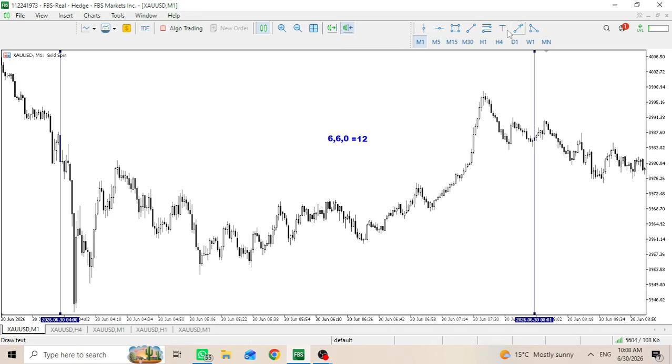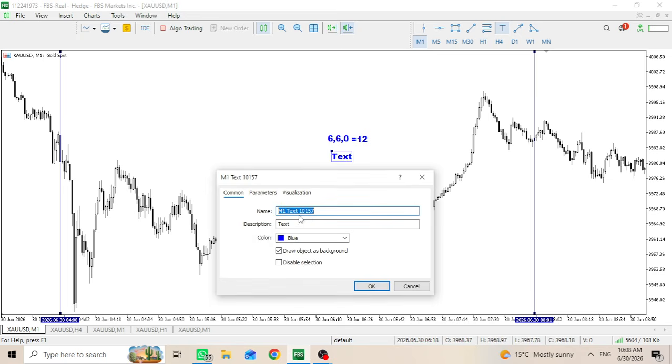The market has moved a range of 550 pips within 4 hours, from 4 a.m. to 7 a.m. But because it's gold, you divide by 10 so that you can get there.